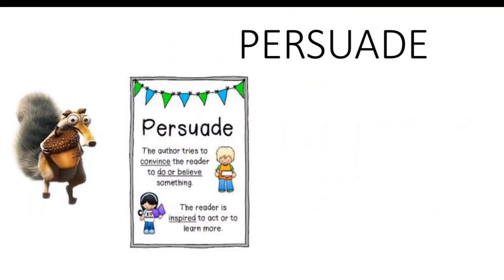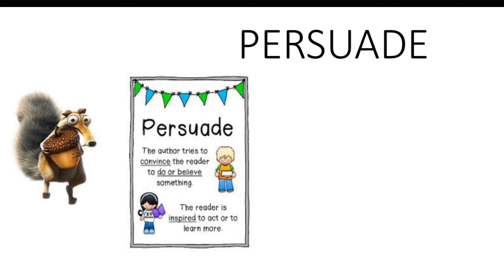When the author writes a story to persuade you, he is trying to convince you. He is trying to make the reader do something or believe something is right or wrong.